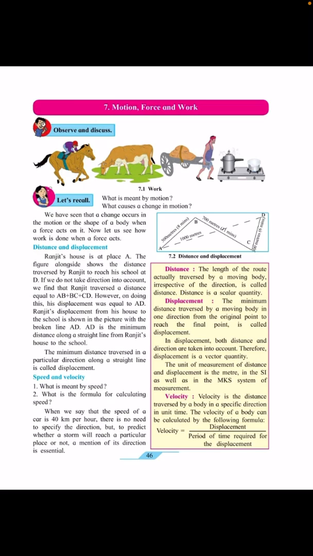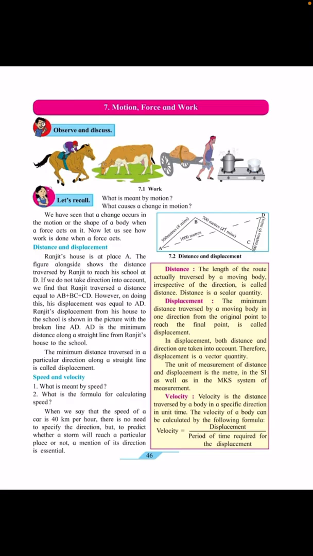Now here in chapter 7, motion, force and work, we shall learn what is meant by motion, the definition of motion, distance, displacement, velocity, speed, the formula for speed calculation, the formula for velocity, plus units of measurements in the MKS system, and whether displacement is a vector quantity or a scalar quantity. All these things you should learn from page number 46.